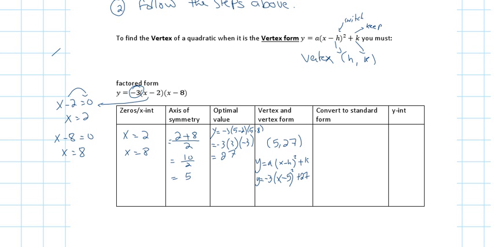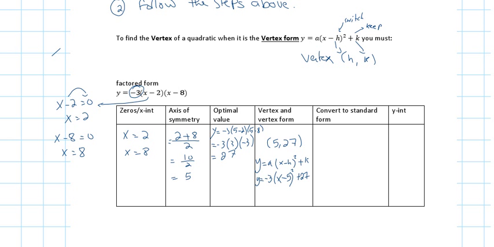Then I have to put it in standard form. Where do you want to go from? Do you want to go from the factored form or from this vertex form? It actually doesn't matter where you go from. They're both, you're going to have to expand. I usually tell my students, go from whatever is given to you, just in case you made a mistake here, so you don't carry the mistake. So in this case, from the factored form.